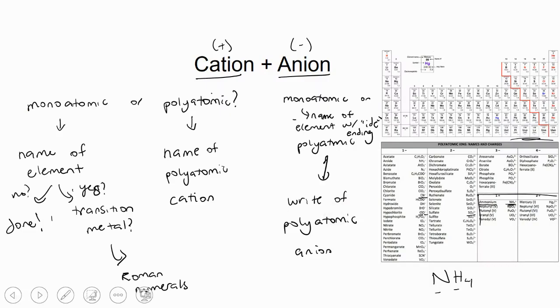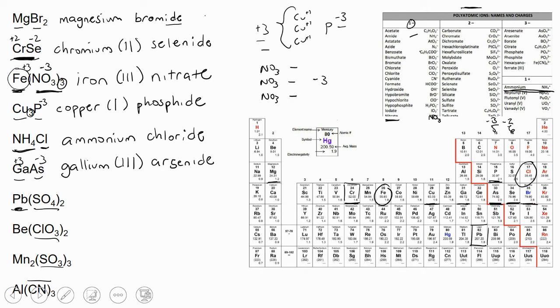Oh, man, I'm having a lot of trouble with my slide management. So we'll write lead. And again, it's in this weird post-transition metal section, so we're going to leave space for parentheses. And then SO4, it's going to be sulfate right here. So you can see SO4 corresponds to sulfate. So to end it, we just write sulfate.